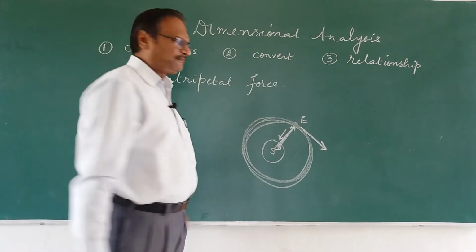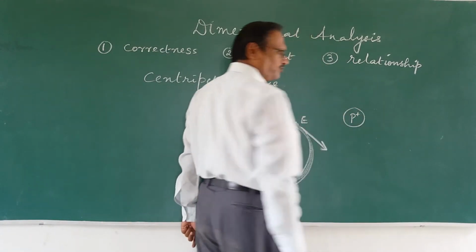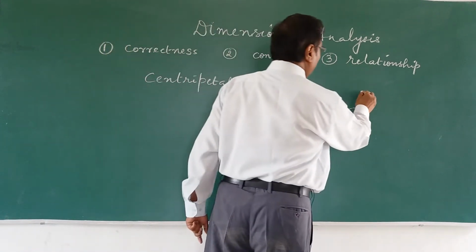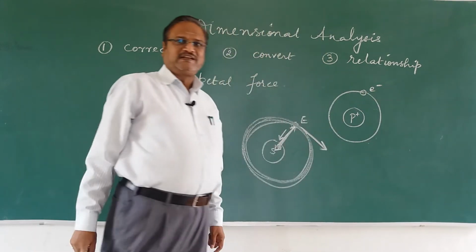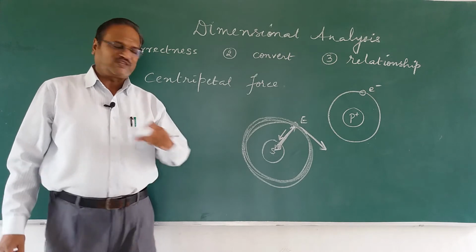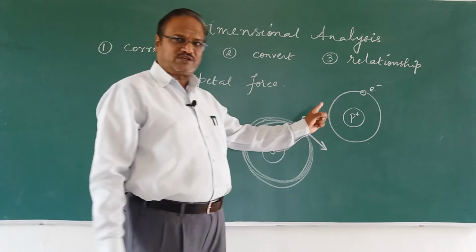We can take another example. The nucleus has protons, which are positively charged, and neutrons, and the electrons are revolving around it.